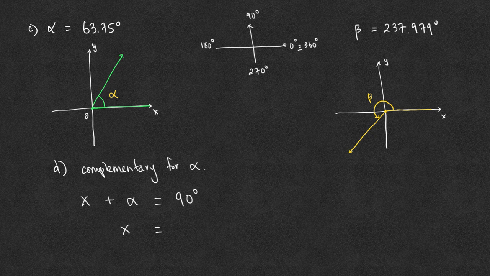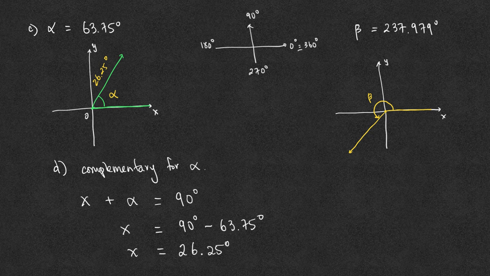Therefore, the other angle x is 90 degrees minus alpha, but alpha is 63.75 degrees, and so x needs to be 26.25 degrees. 26.25 and 63.75 degrees are complementary angles. If this is the alpha, then this angle would be 26.25 degrees.